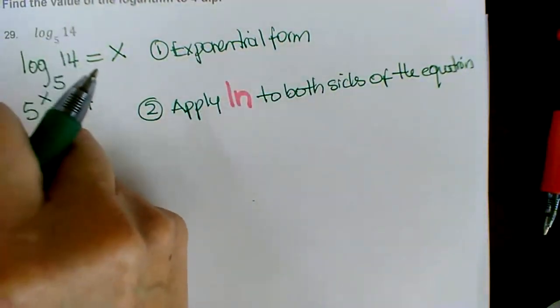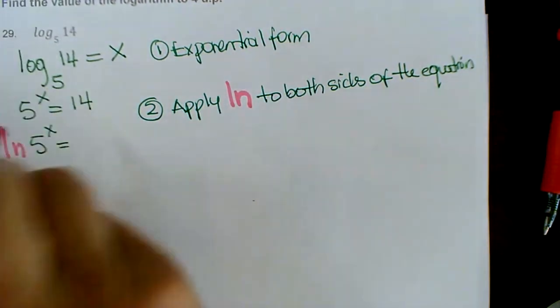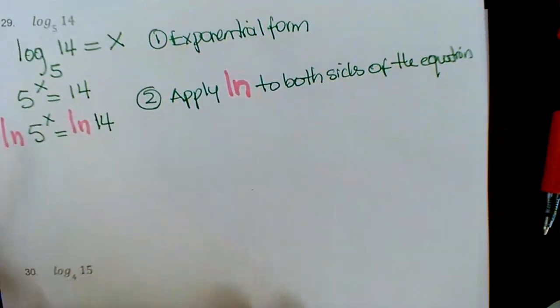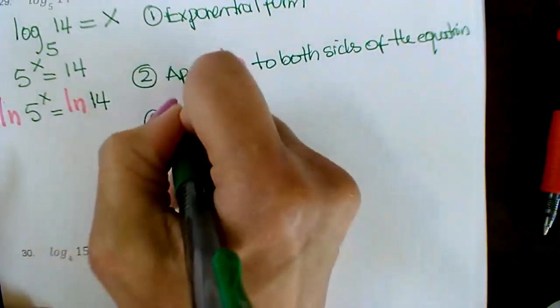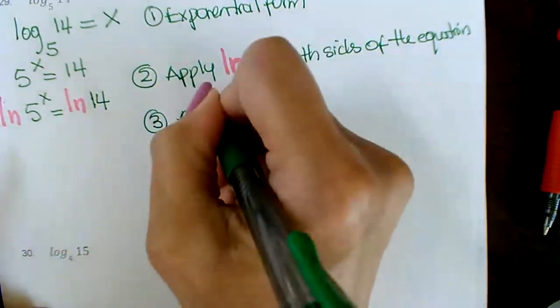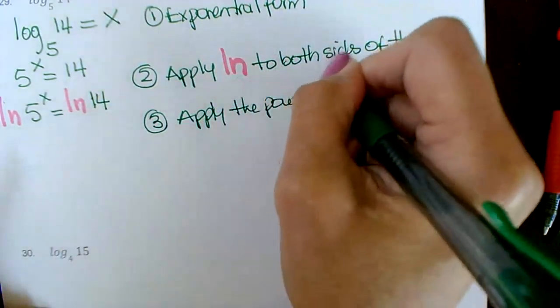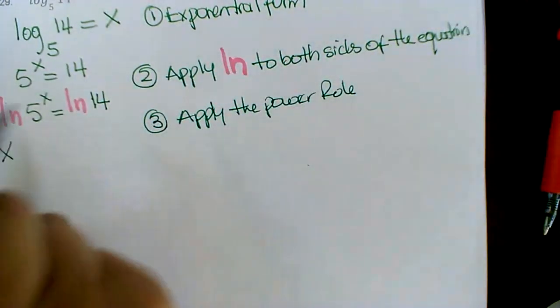So we have ln. Now we're going to apply the power rule. So it's going to be x.